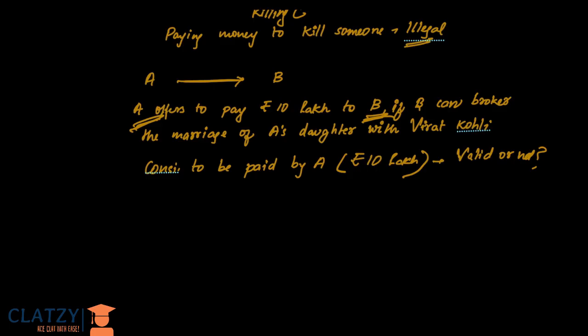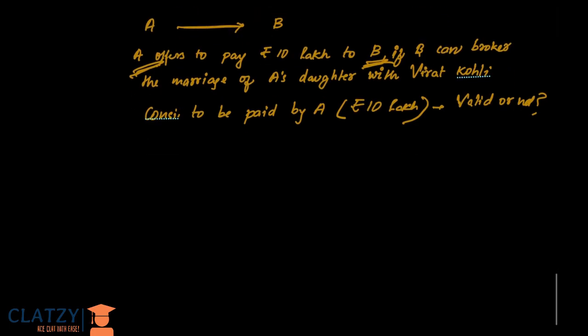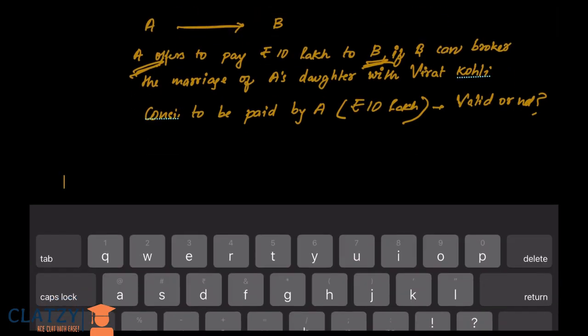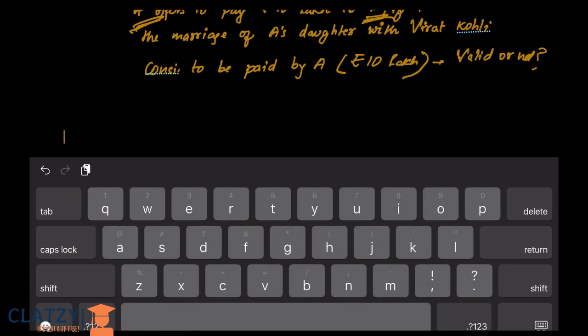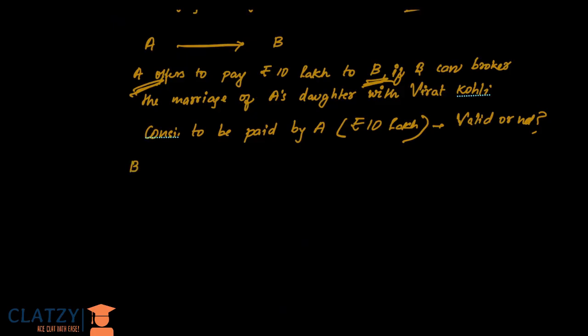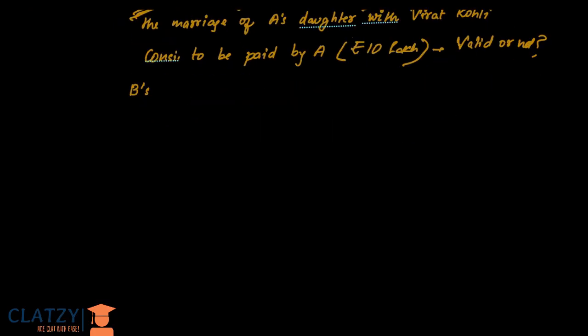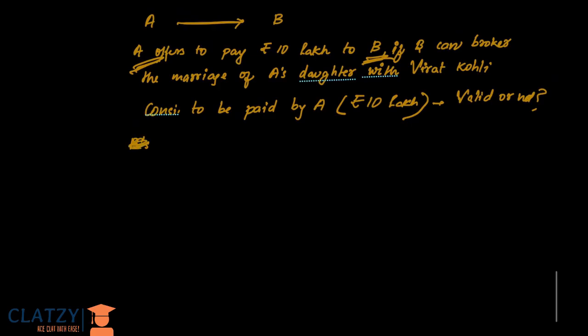How will you answer this? Now we know that, what has B been asked to do in this scenario? What is B required to do? B is required to arrange a marriage. Is arranging somebody's marriage legal or illegal? We know that it is not illegal.